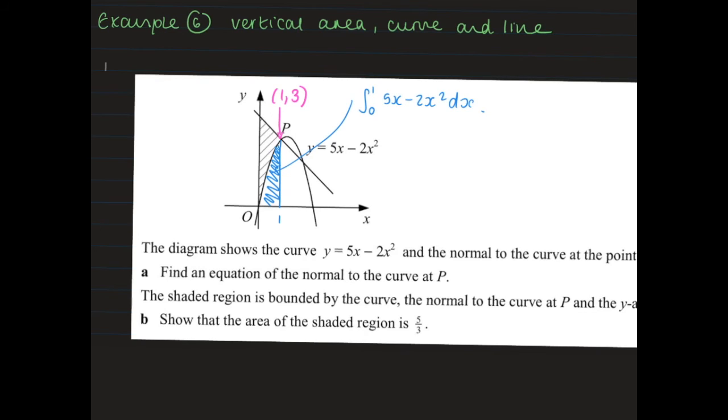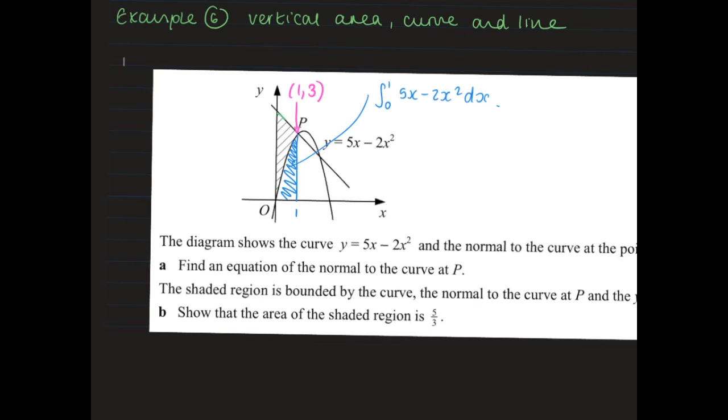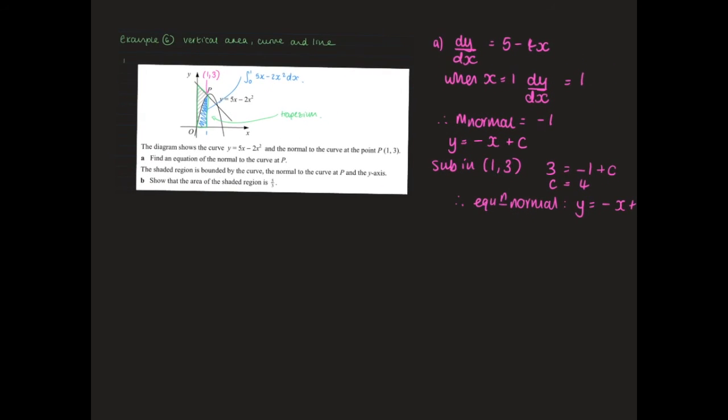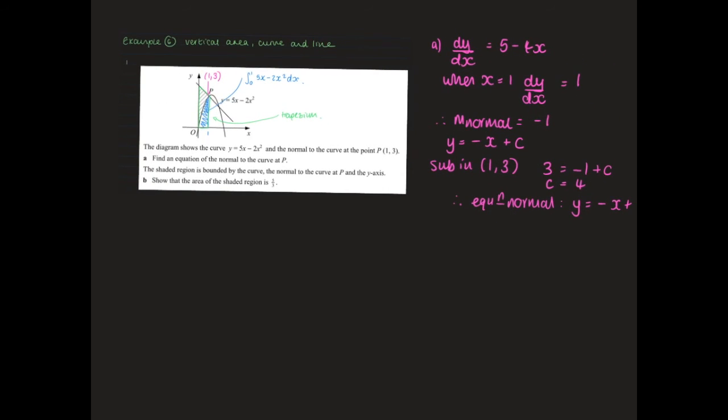What I can also do is find the area of this whole trapezium. And if I take the integral away from the area of my trapezium, I'm going to end up with my shaded area. So, I know the shaded area is a half.